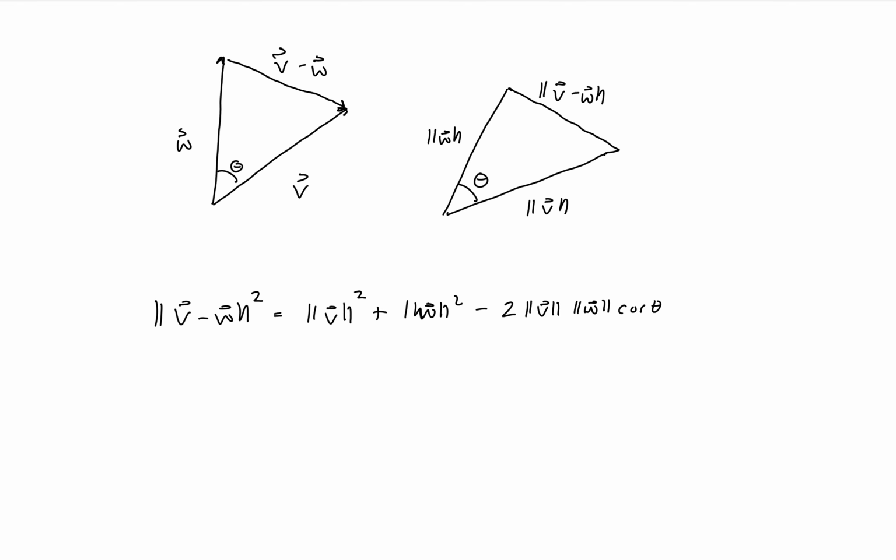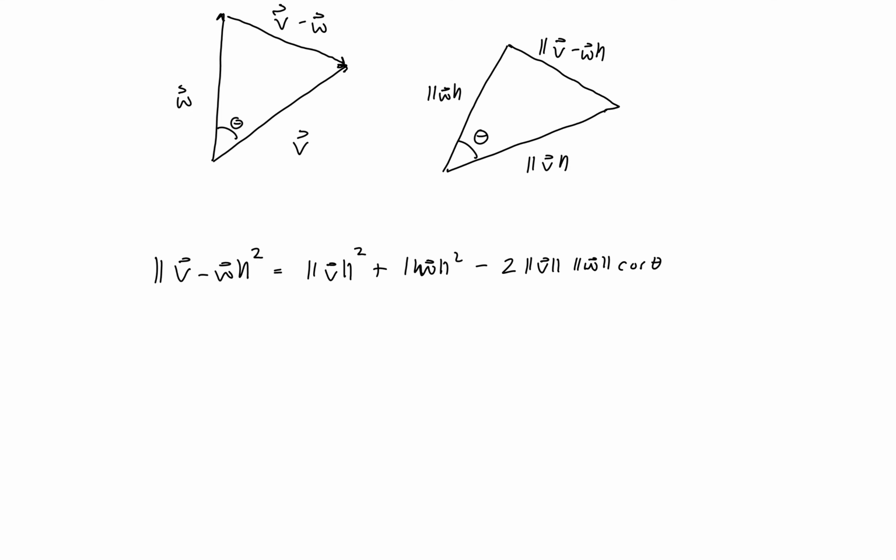So you can almost think of this as a correction on the Pythagorean theorem, because if we had a right angle here, we wouldn't have this extra term with the cosine, we'd just have the Pythagorean theorem there. So it's a correction on that, taking into account that the angle is not 90 degrees. So if this was a 90-degree angle, then the cosine would be 0 and that would go away, and we would just recover the Pythagorean theorem.